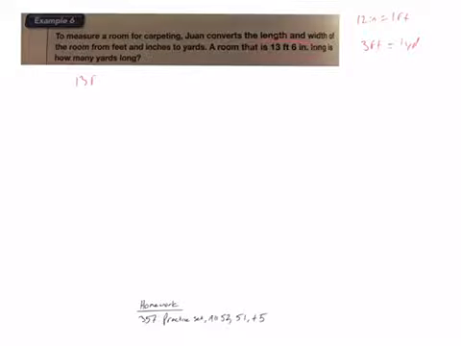So I have 13 feet plus 6 inches. Converting inches into feet, I'm going to multiply it by 12 inches over 1 foot. Inches reduce. I get 6 over 12 feet, which is the same thing as 1/2, or 0.5. So it's 13.5 feet.